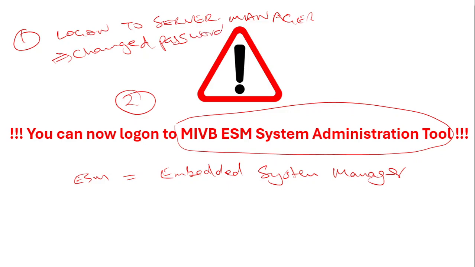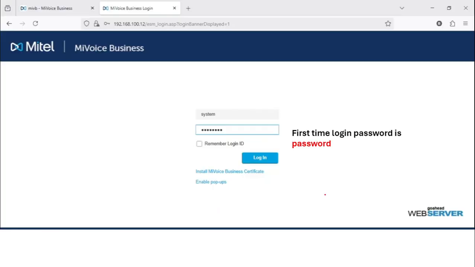So now we are going to log on to the System Admin Tool and also change the password from the default to the one of our choice. Let's go ahead and do that.